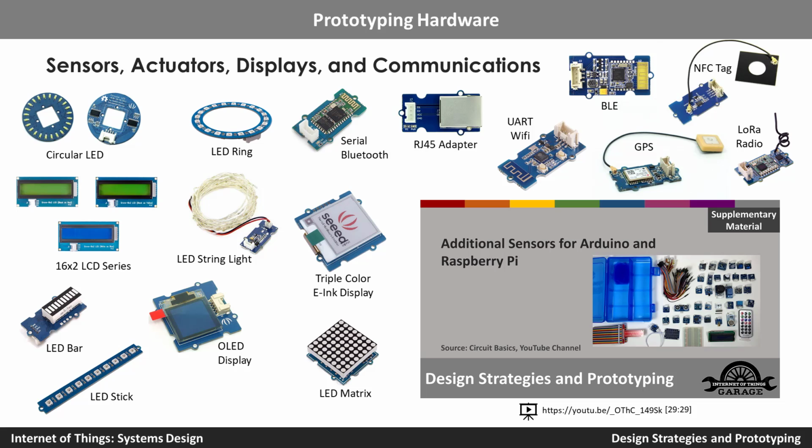This connector comes with the ecosystem called Grove, which makes it easier to connect. It has all the resistors and other electronic components embedded, so it is not necessary for you to look for what the input and output current is and manage all the voltages and everything.